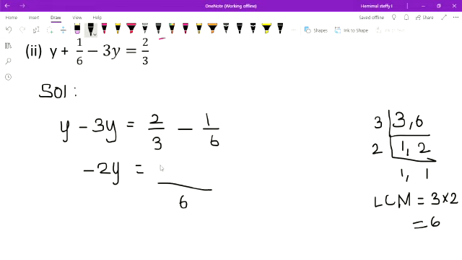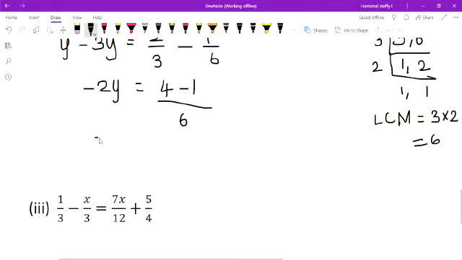Then how many times in 3? 2 times. 3 twos are 6. So I divide 6 by 3, it gives 2 times. I multiply 2 with the 2, 2 twos are 4. 6 by 6 gives 1, so I multiply 1 here: minus 1, 1 ones are 1.